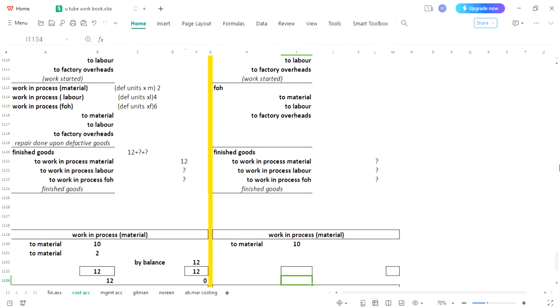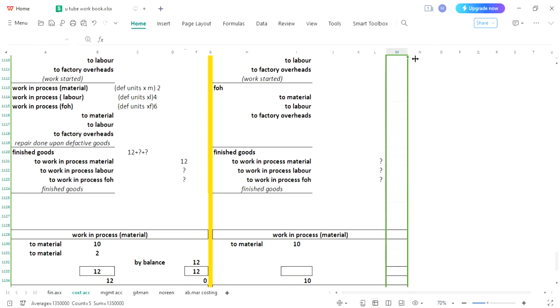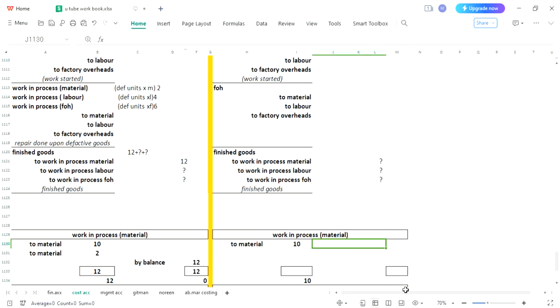Since there was only one amount, the steps would be the same. Total of the first side, the debit side, and total of the credit side. Total of the credit side is 0 as nothing is mentioned on the credit side. Then you will choose the larger sum. Larger sum is 10, which would be put as total of both sides.